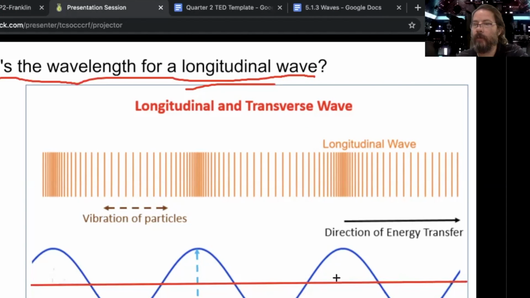This wave down here is what you usually see when you talk about waves. This one up here is a lot harder to understand, but if you think of it like a slinky, you will get it. What you need to understand for both of these is that the energy is going from one end to the next, so it's going down the rope.